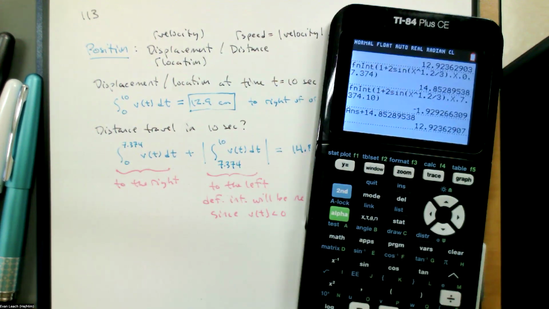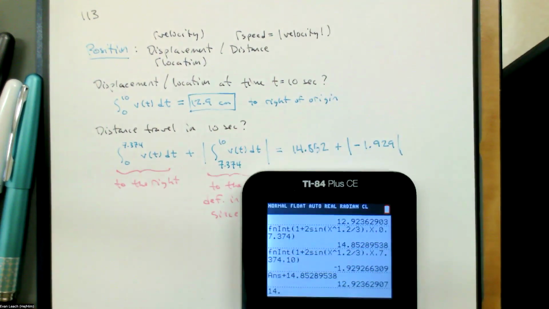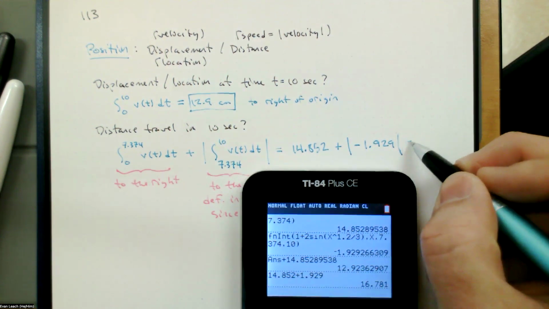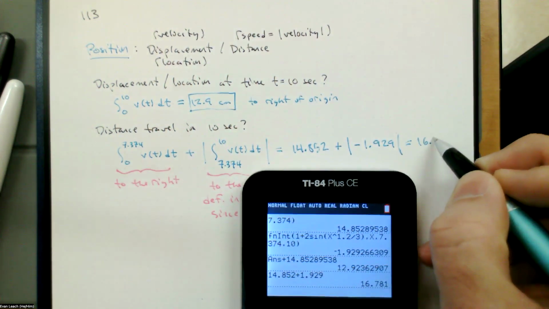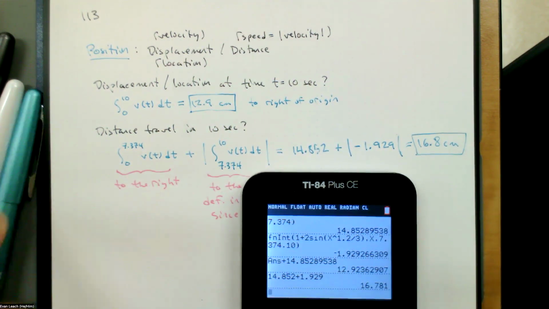I didn't do the absolute value. Just do this one. So the total distance the particle traveled is 16.8 centimeters. 14.9 centimeters to the right, plus another 1.9 centimeters to the left.